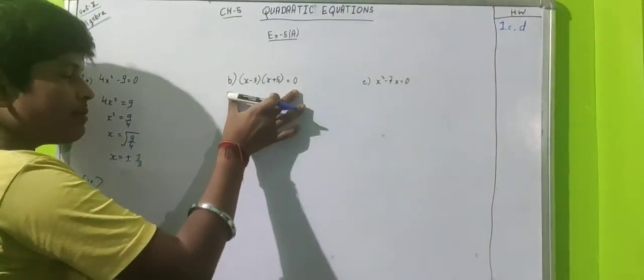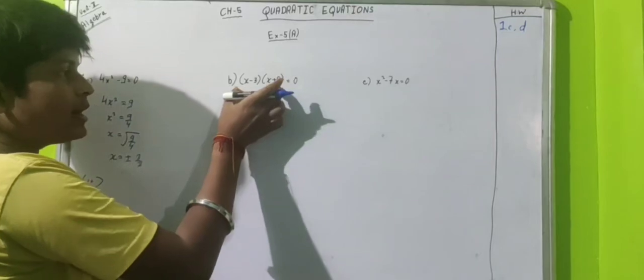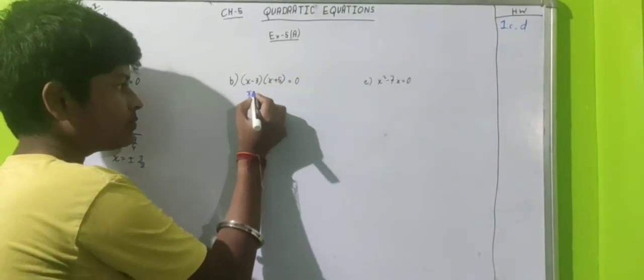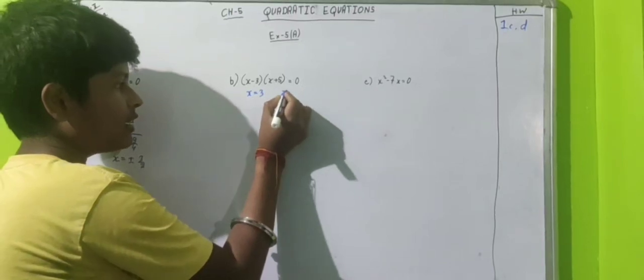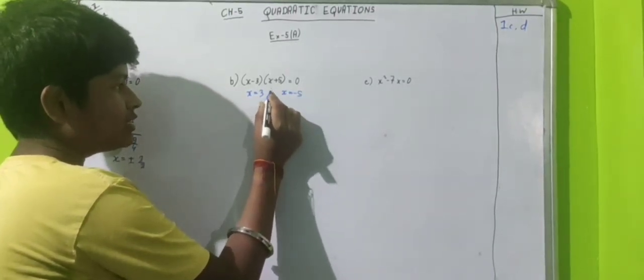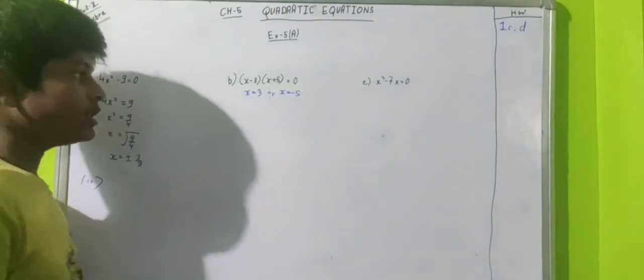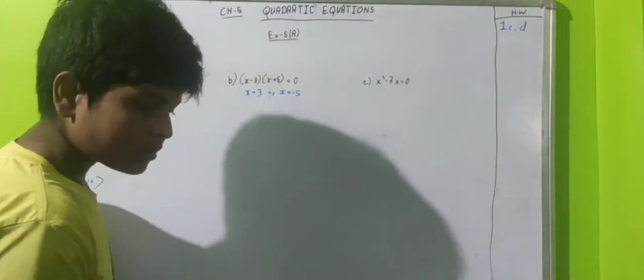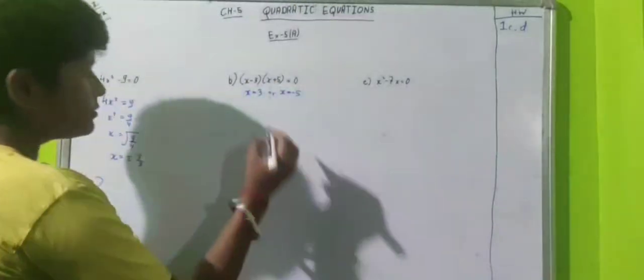In this question of part B, it is already done after middle term split. So either x equals 3 or x equals minus 5. There are two options, so either this or that, either 3 or minus 5. The option is option number 3.